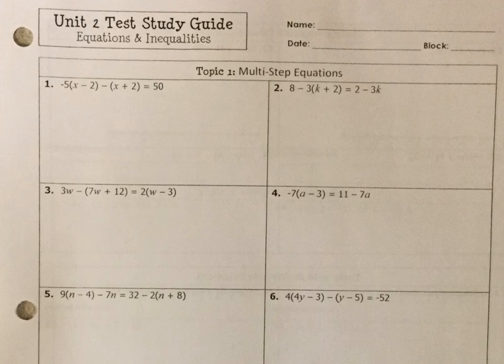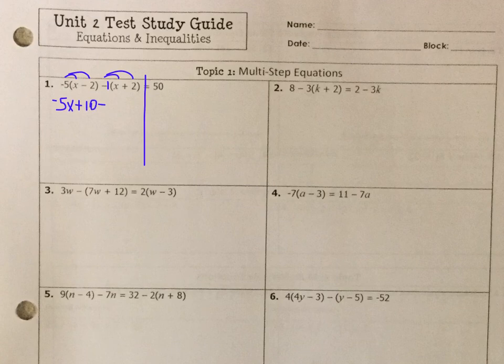So the first thing we're going to do is these multi-step equations. Our first step is to distribute. I'm going to put a 1 right there to help me out. So negative 5 times x is negative 5x plus 10.